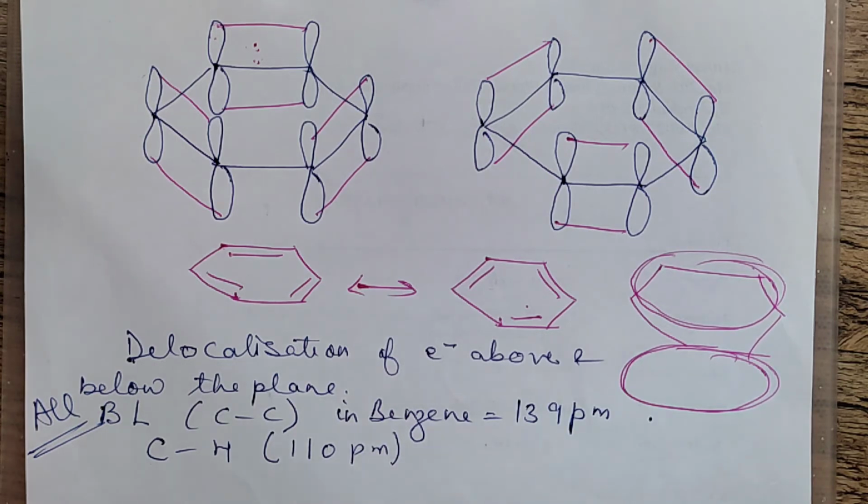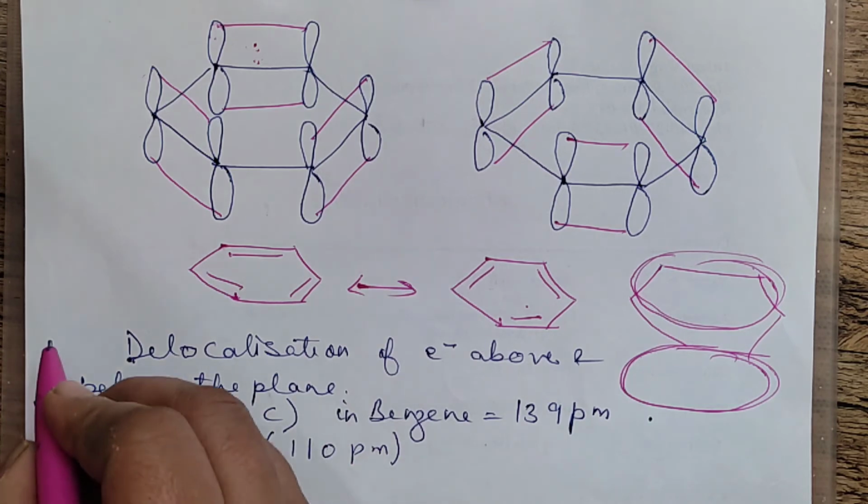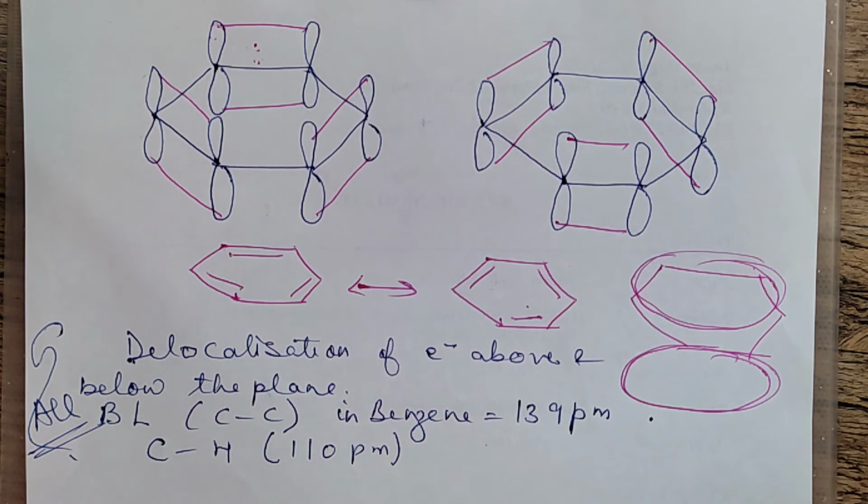Unlike the carbon-carbon normal single bond length 154 picometer or the normal carbon-carbon double bond. It is neither equal to the carbon-carbon single bond nor equal to carbon-carbon double bond. You find that all carbon-carbon bond lengths in benzene are equal. What reason? This can be a very important reason question asked. Why, or it can be given, are all the carbon-carbon bond lengths in benzene equal?